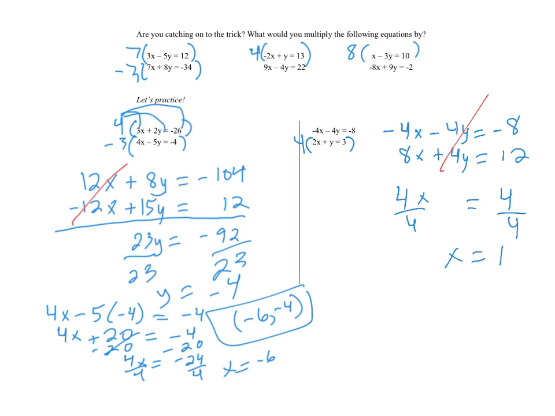I just choose the one that looks easier, so I'm going to go with the bottom one. 2 times 1 plus y equals 3. 2 times 1 is 2 plus y equals 3. And I subtract 2 to get y by itself. Y equals 1. So my answer is 1, 1.